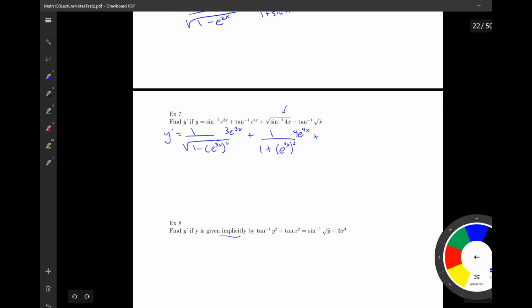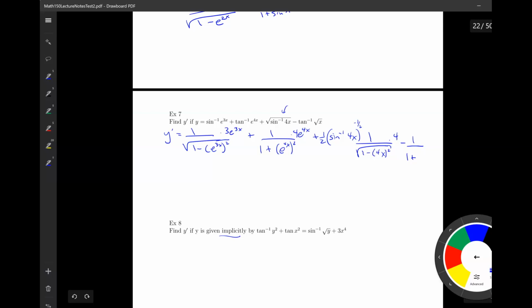Next term, this one has a square root on the outside, so we've got more layers, so all this is to the negative 1/2 power. Now take the square root of the arcsine, 1 minus 4x squared times the derivative of the 4x, which is 4.